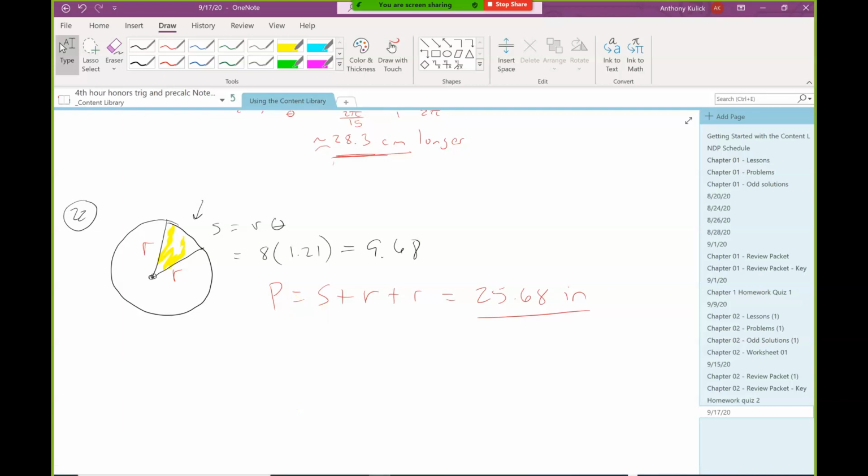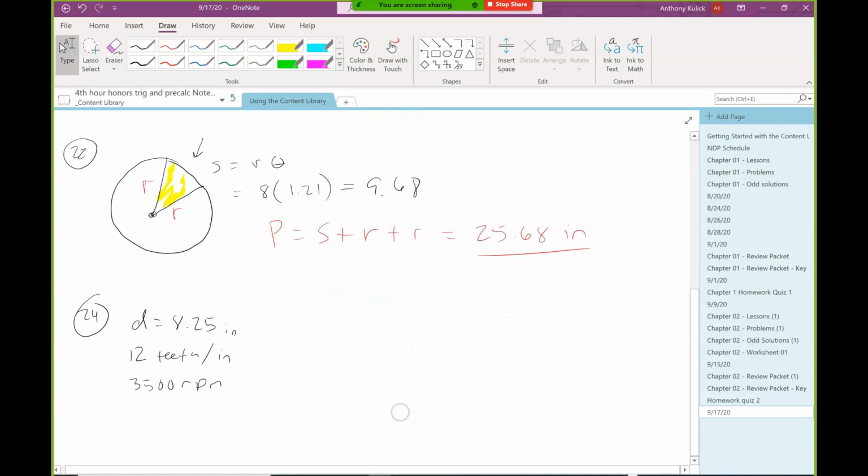24. Okay. A circular saw has a diameter of 8.25 inches, and there's 12 teeth per inch on the cutting blade. If the saw spins at 3,500 RPM, how many cutting teeth cross the surface each second?